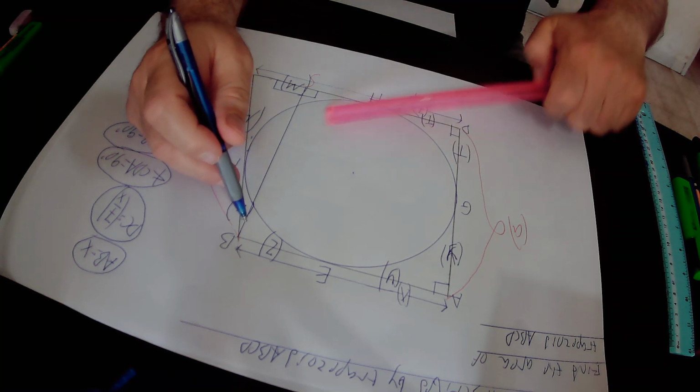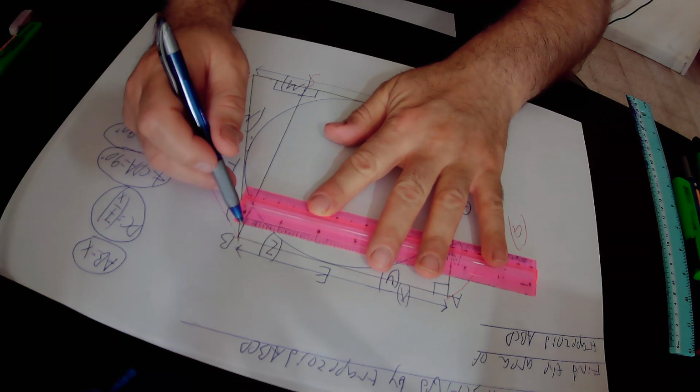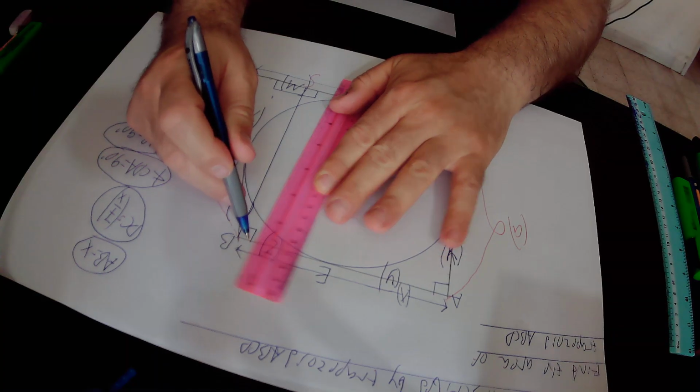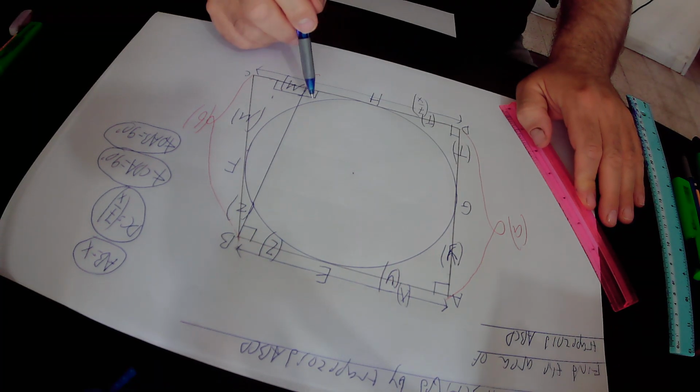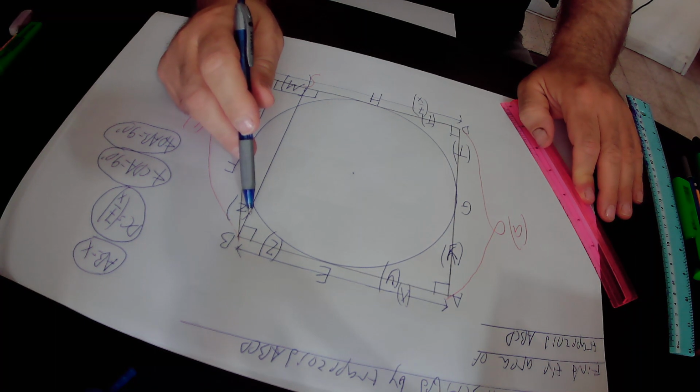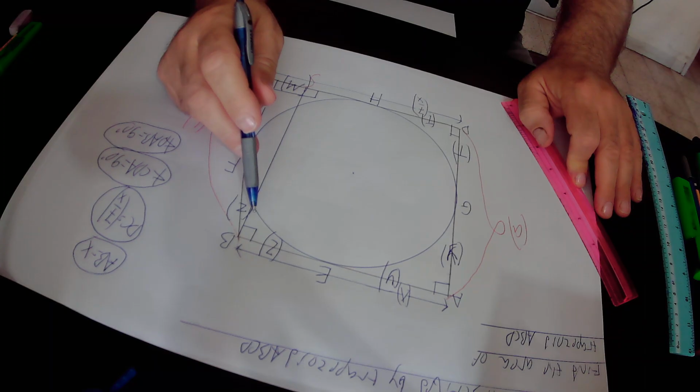Therefore, this fourth missing angle must be 90 degrees.